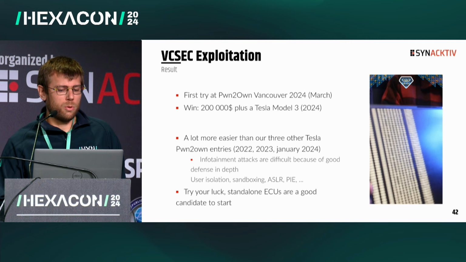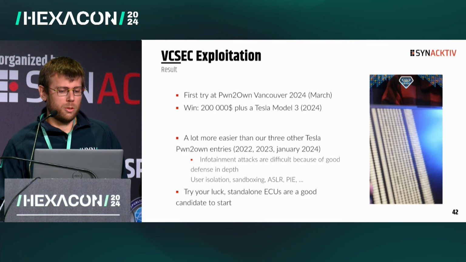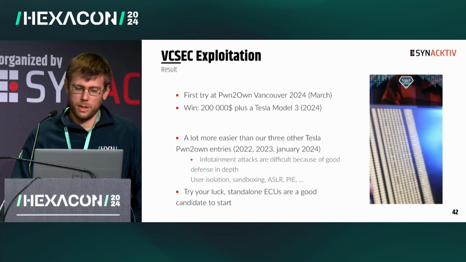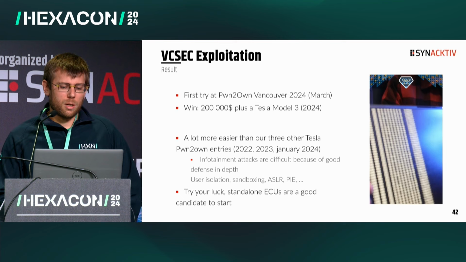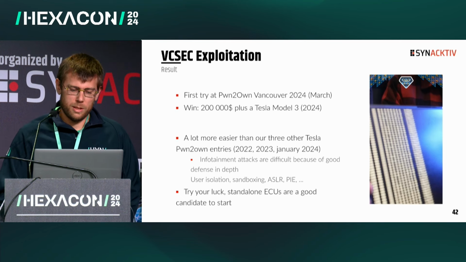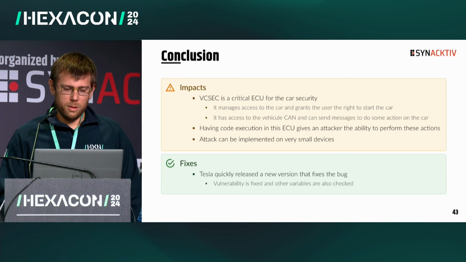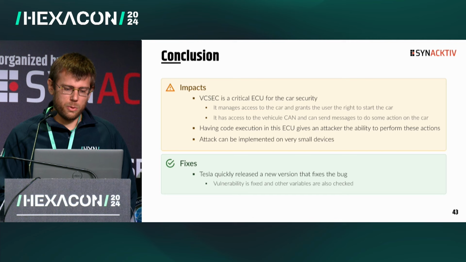The infotainment has a good defense in depth with user isolation, multiple sandboxes, memory randomization, and some hardening. So if you want to start Tesla research, standalone ECUs are a good candidate. Impacts are important since VCSEC is a critical ECU for the car security.